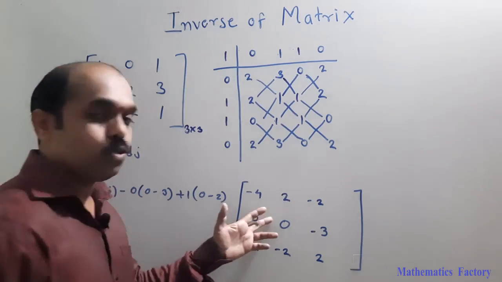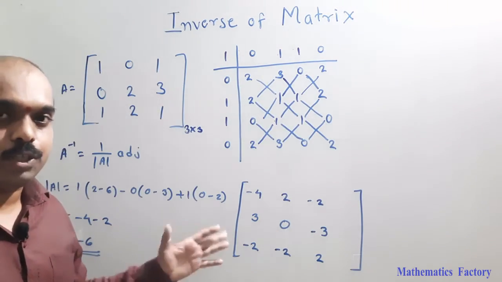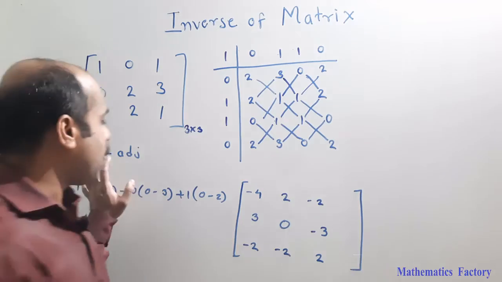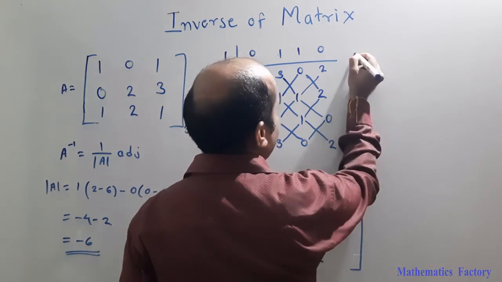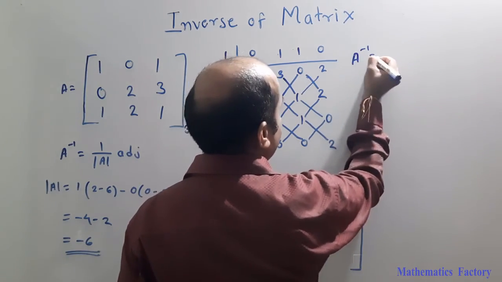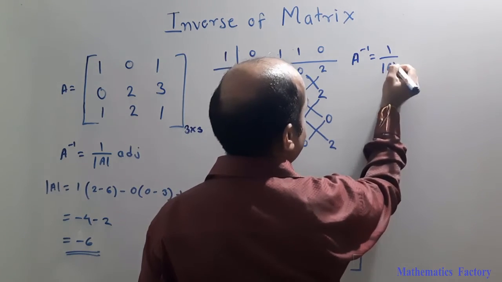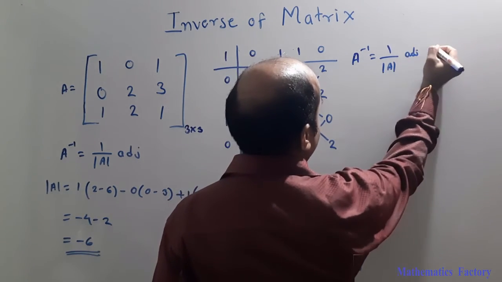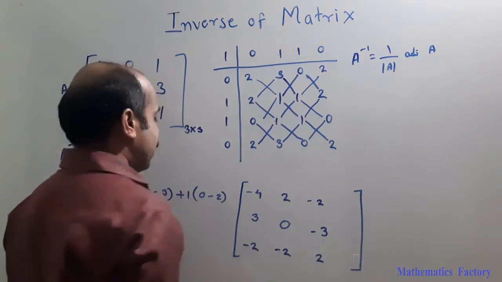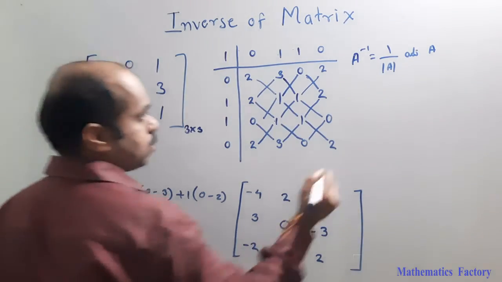Okay, so this new matrix is nothing but our adjoint of the matrix. So directly apply the standard formula: A inverse is equal to 1 upon determinant of A into adjoint of A. The determinant of A we already have, that is minus 6.